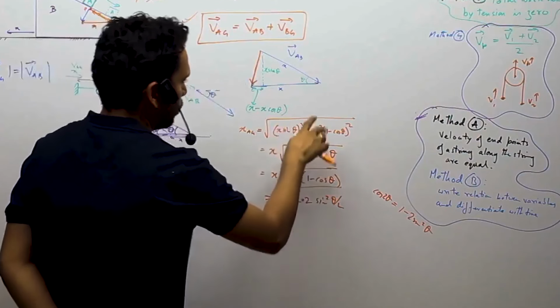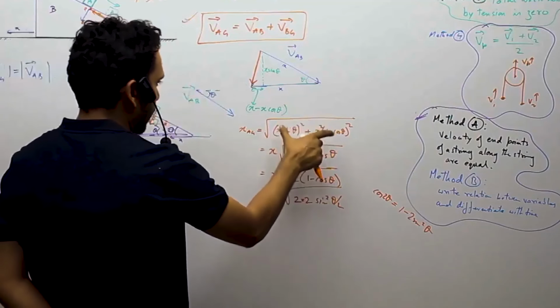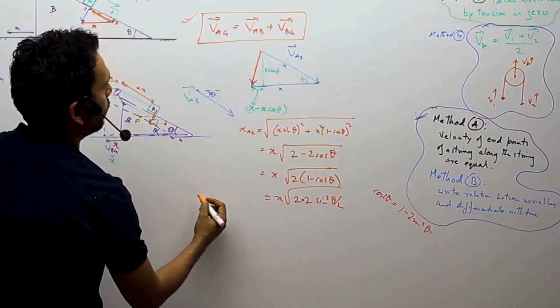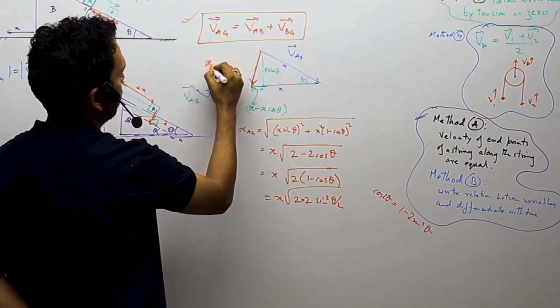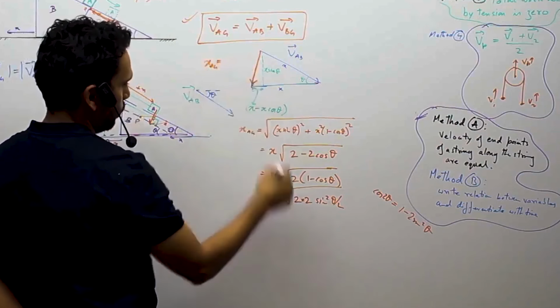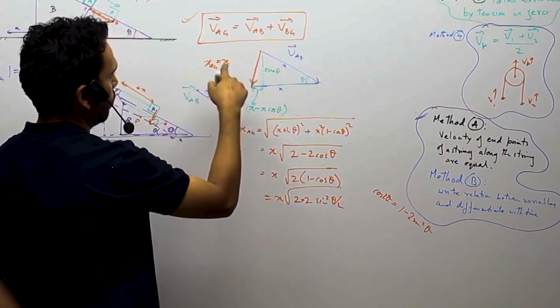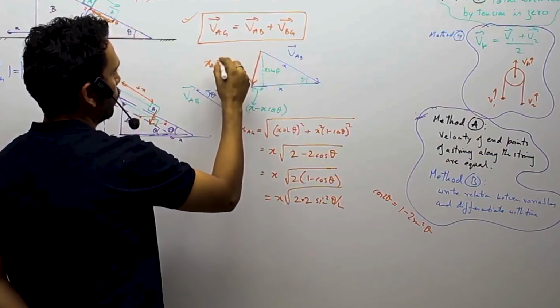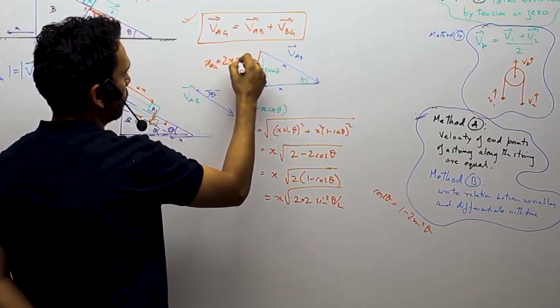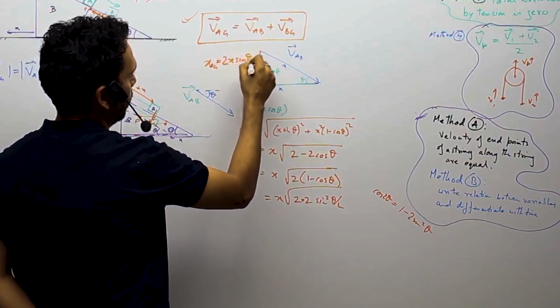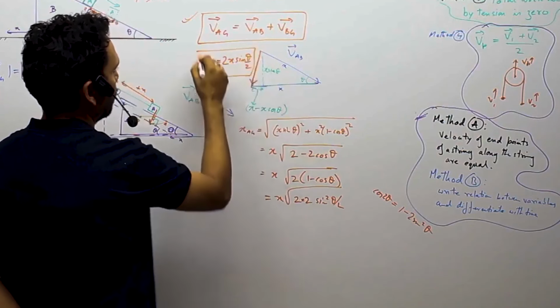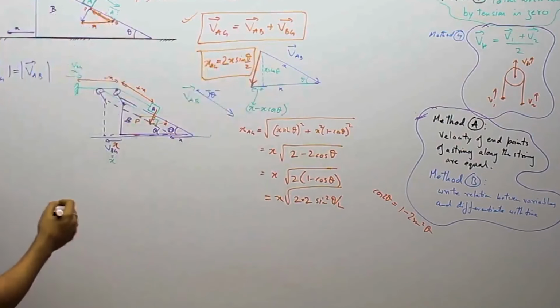I'm just doing this because many a times you'll find that this kind of format gets reduced, and what you ultimately get is this part is going to be x times 2, and 2 is outside. I'll put a 2 first, 2x sine theta by 2. So that is your answer.